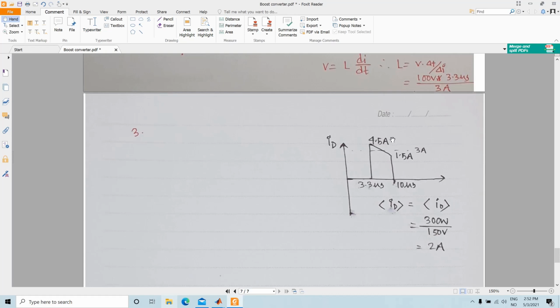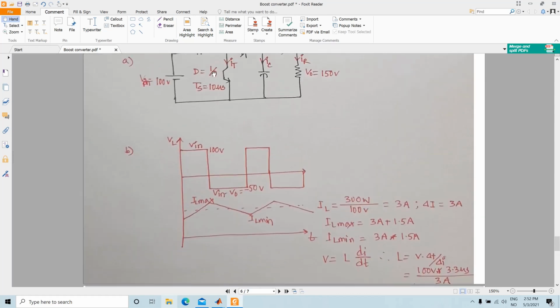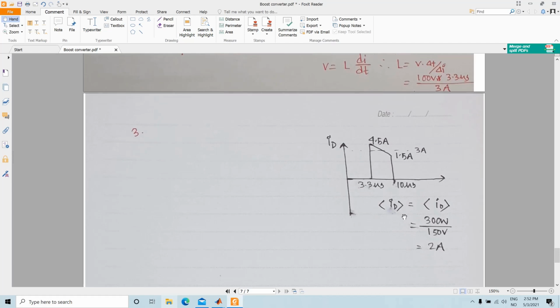The maximum of the diode current is 4.5 amp, the minimum is 1.5 amp, and as our duty cycle is 33%, it will start at 3.3 microsecond, and then the time period is 10 microseconds. So this is our diode current wave shape, and the average value of this diode current, you can calculate it from the output current as well.